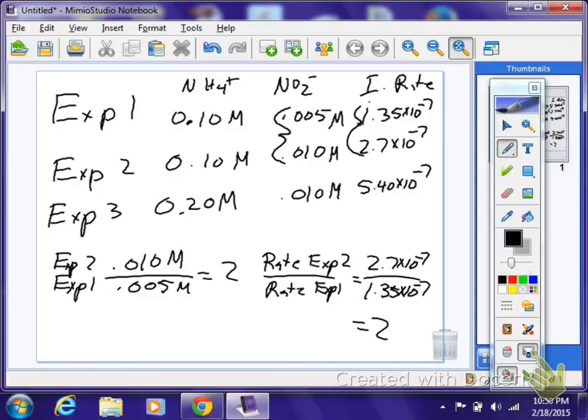Between experiment 2 and experiment 3, we have a similar characteristic happening. NO2- remains constant in this experiment, and the concentration of NH4+ doubles.